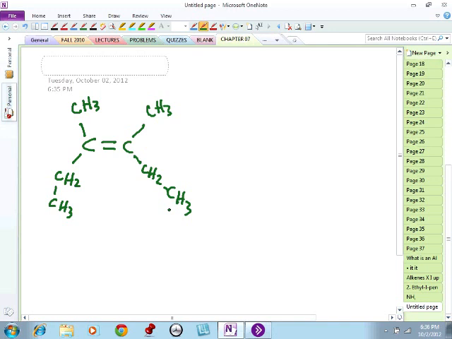What will be the name? The longest carbon chain? 5, okay? So we're going to start numbering from where? It doesn't really matter at this point, right? So you say 1, 2, 3, 4, 5, and 6. You see that? Which one? We go from here to here, the longest carbon chain containing the double bond.